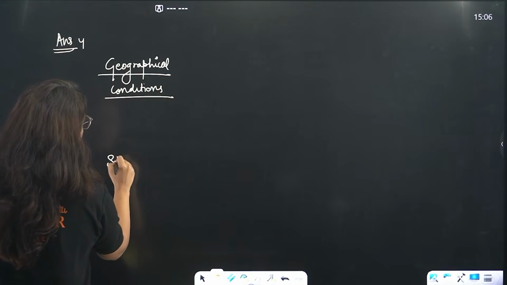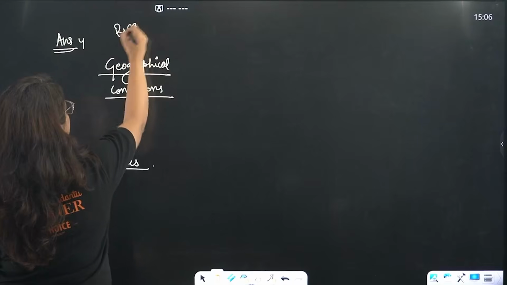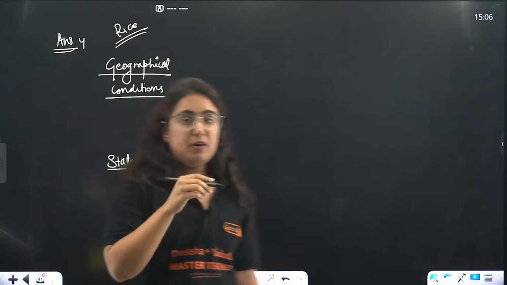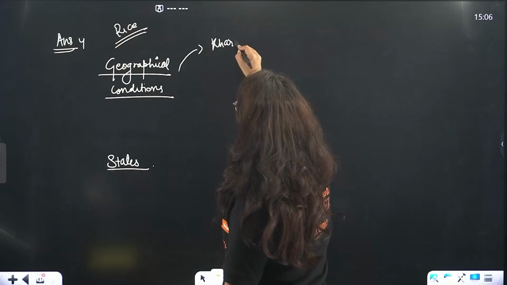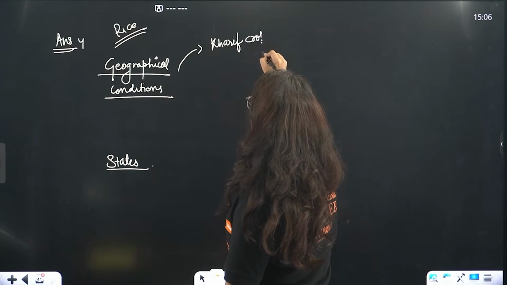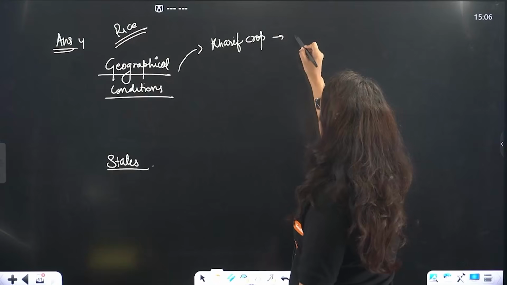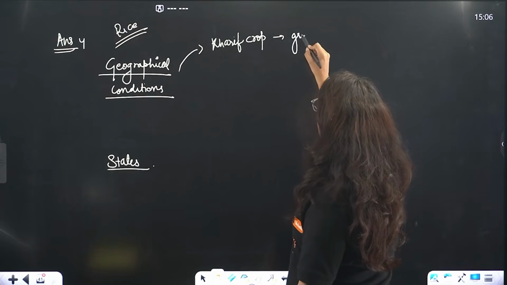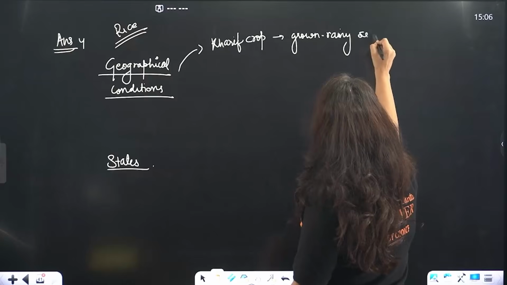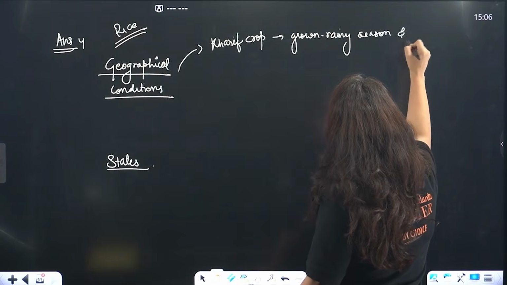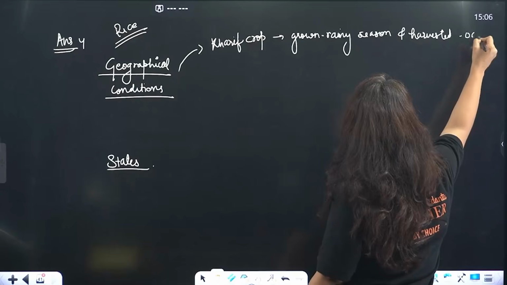And the major states producing what? The question is about rice, that is paddy. ठीक है? So first of all, beta, which type of crop is it? It is a kharif crop, which is grown during the rainy season and harvested in the month of October.